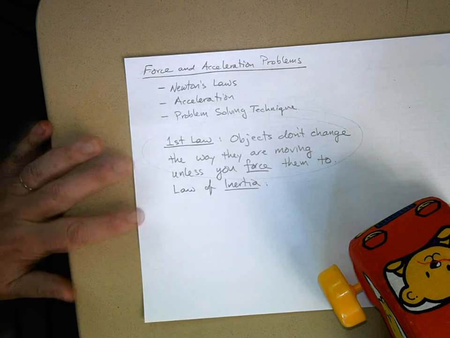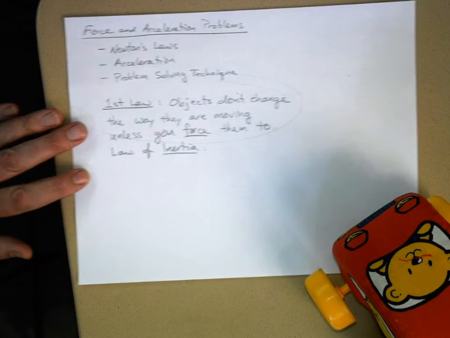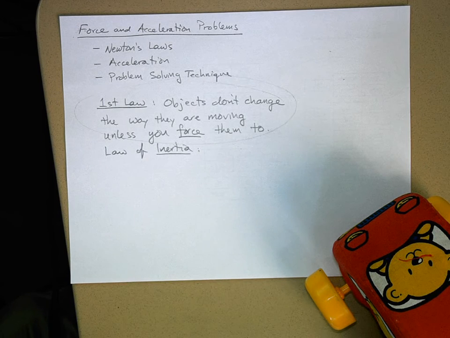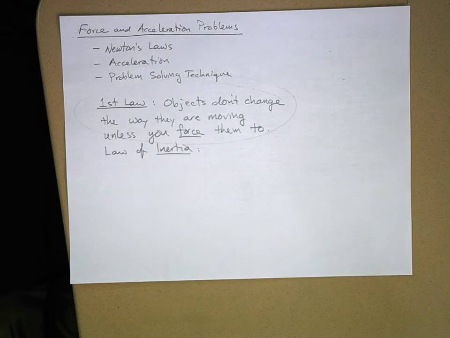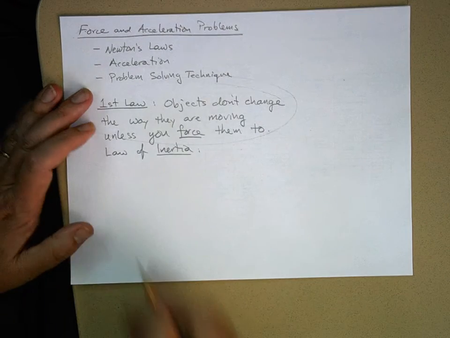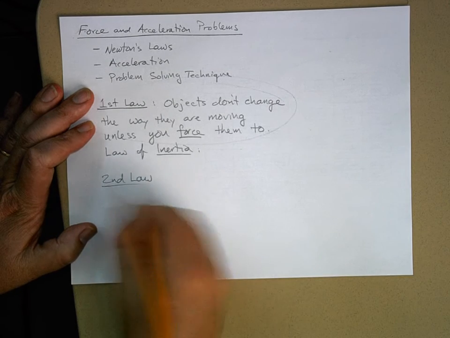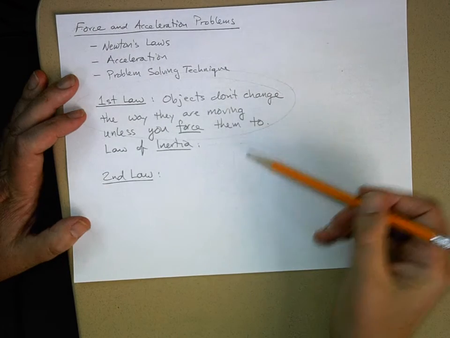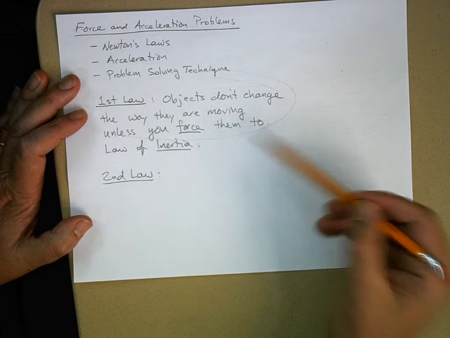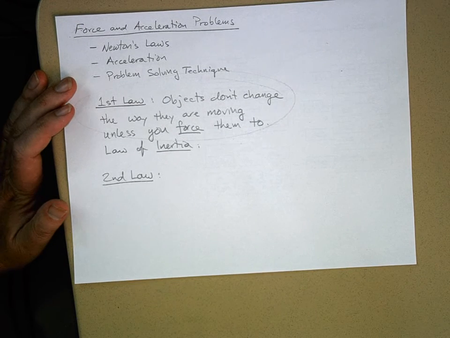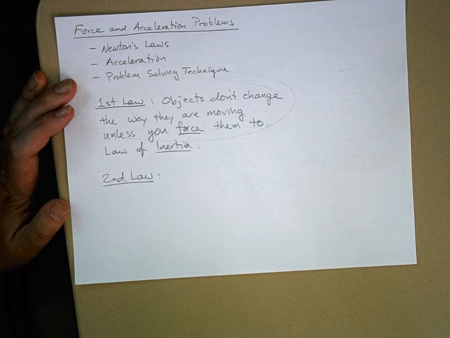But it was Galileo who kind of first figured out, hey, once you get something going, it's probably going to keep going unless some kind of outside force is exerted on it. Take physics and you'll get that in more detail. Second law. The second law is really a more mathematical statement of the first law.